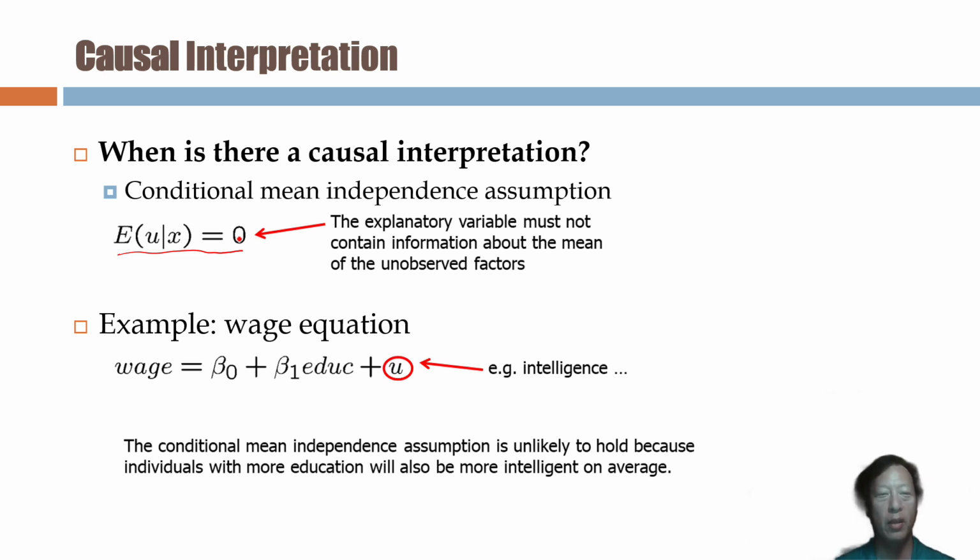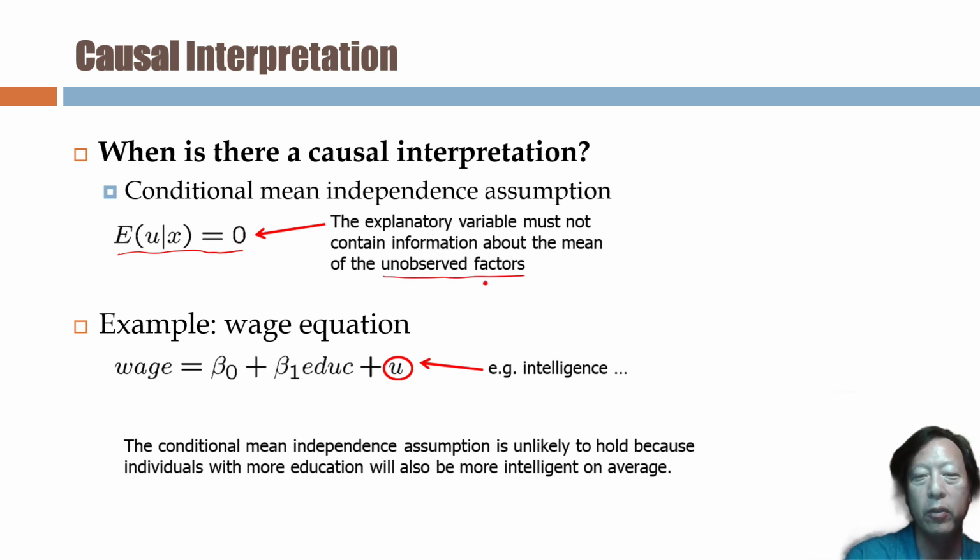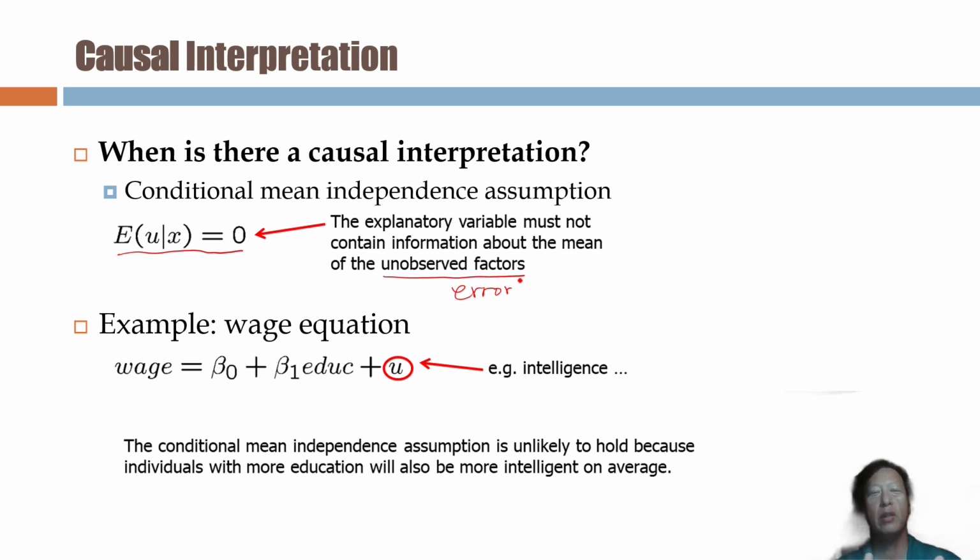The error should not be explained by x. The explanatory variable must not contain information about the mean of the unobserved factor, which is the error term. Because we don't use that unobserved factor, every other thing's effect goes into the error term.